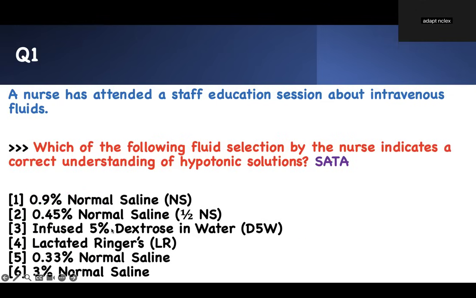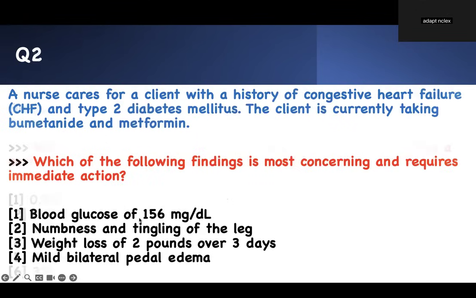So for the next one, you stop the video, take 10 seconds, answer the question, then put it back on and see the way I'm going to approach it. We learn test-taking strategy using NCLEX questions and answers for IV fluid and electrolytes. Fundamentals of fluid and electrolytes. Which of the following findings is most concerning and requires immediate action?